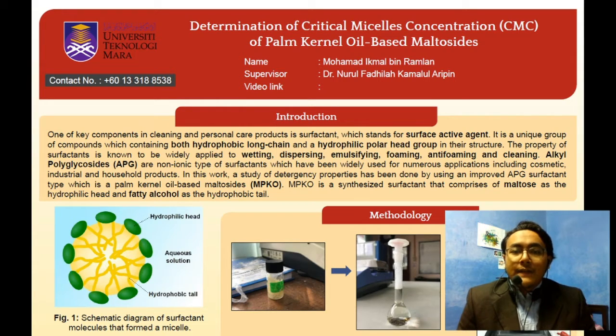Thus, this work is using an improved APG surfactant type, which is the palm kernel oil based maltosides or MPKO. This MPKO comprises maltose as the sugar head and fatty alcohol as the hydrophobic tail.